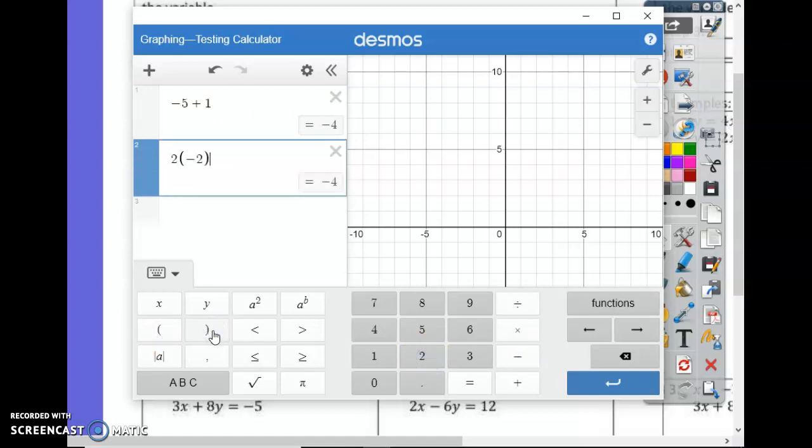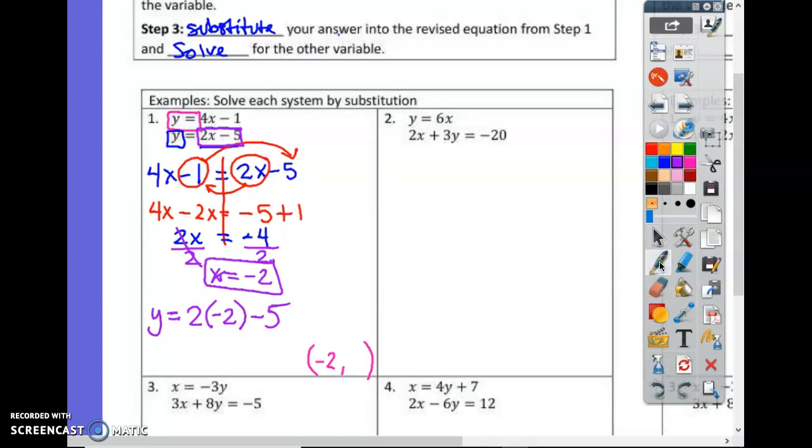Was it plus 5 or minus 5? Minus 5. And it gives you -9. So my y is -9. y equals -9. So right here, I put -9, and I'm done. That's my answer. Okay?